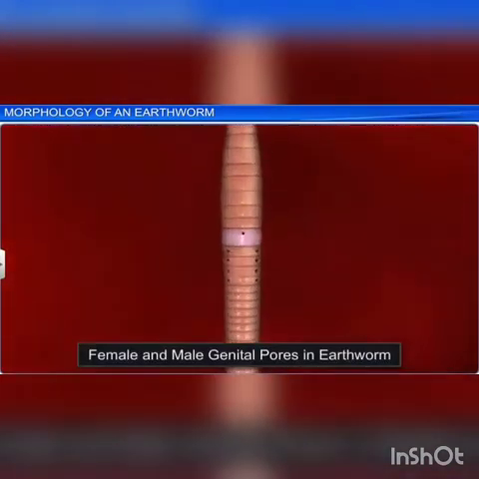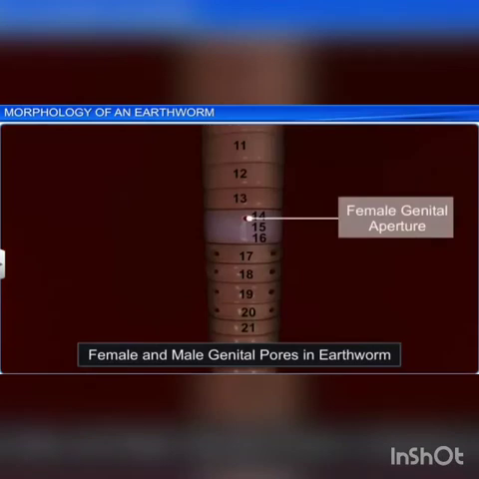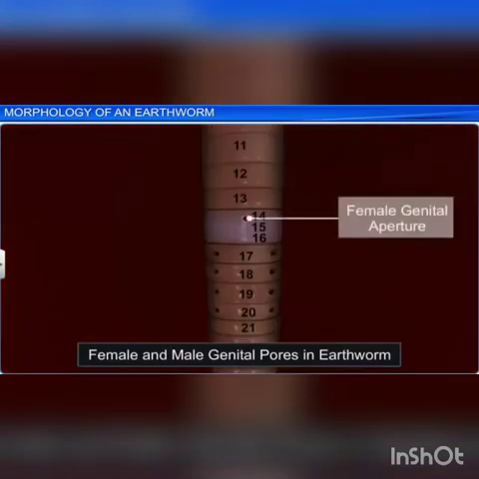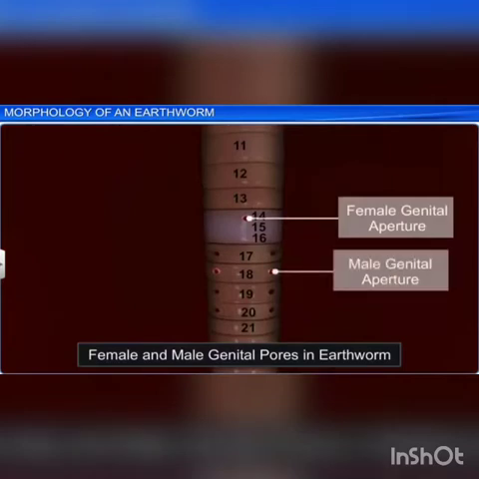And where is the female genital aperture? On the ventral side, in the 14th segment. The female genital aperture is found on the ventral side in the 14th segment, and a pair of male genital apertures are situated lateroventrally, that is, on the sides, in the 18th segment. So the female genital aperture is in the 14th segment, and the male genital aperture pair is in the 18th segment.